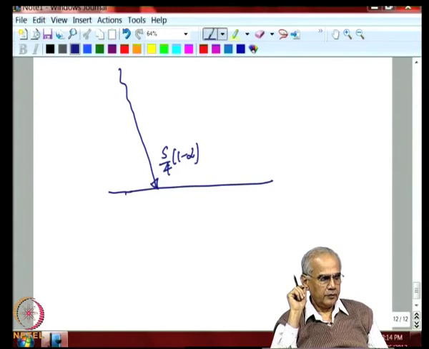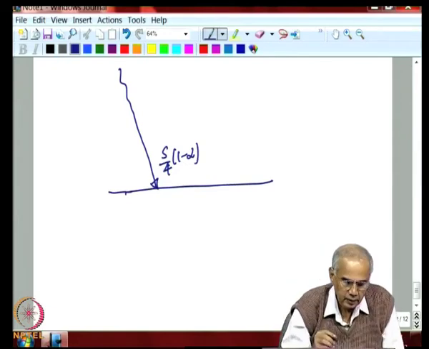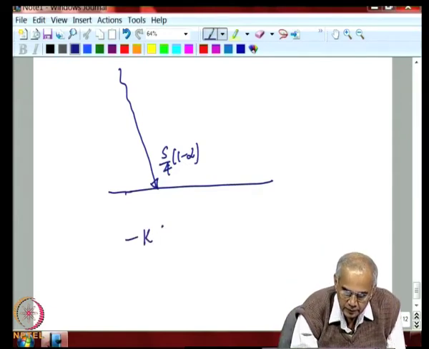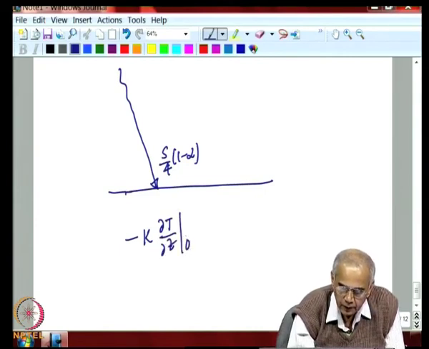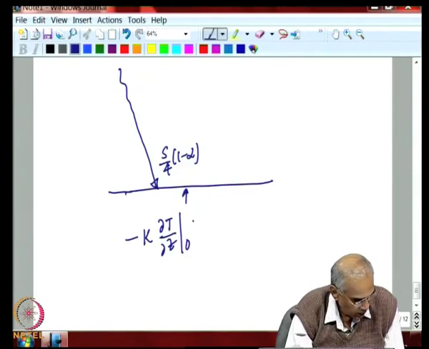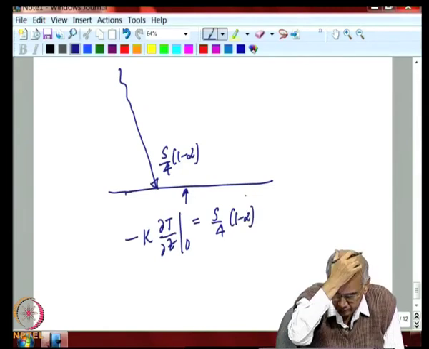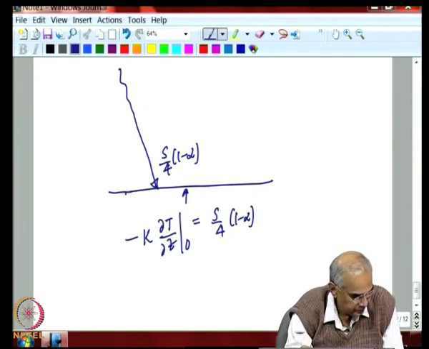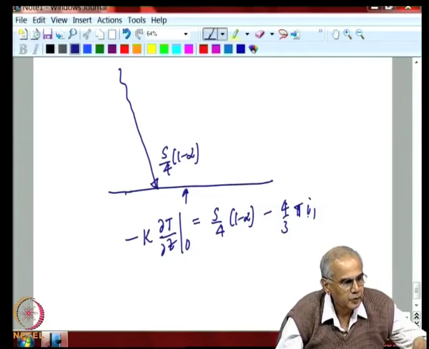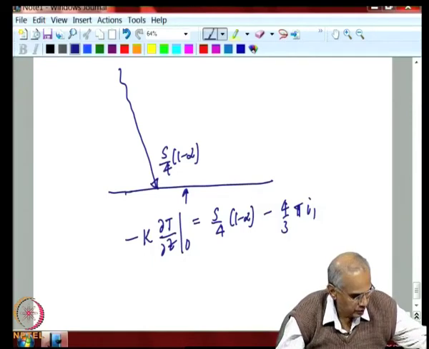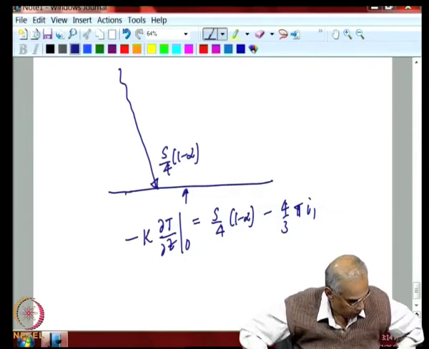In this case we can write down the energy balance at the wall, which has to be equal to the energy absorbed in the entire column, minus 4 by 3 pi I 1. Okay. And of course, I 1 is the same as Q r.